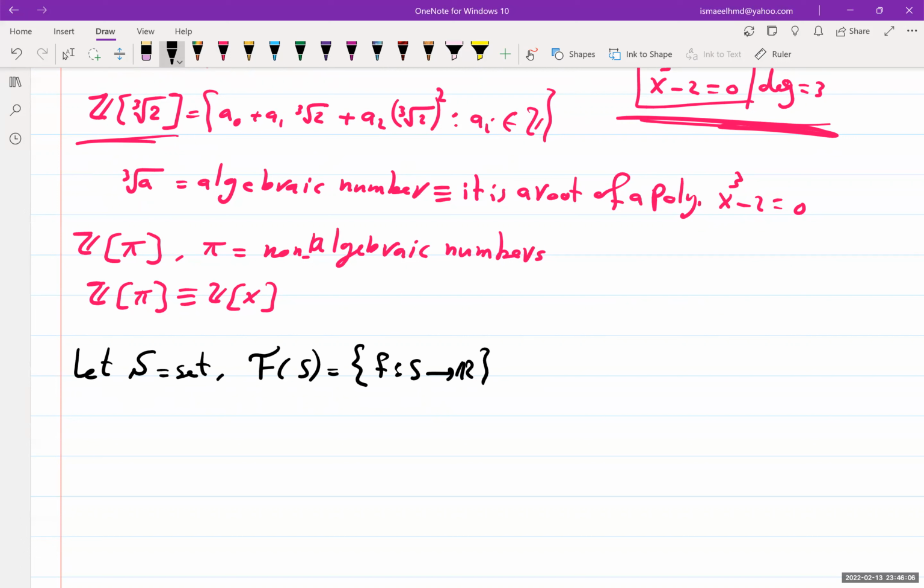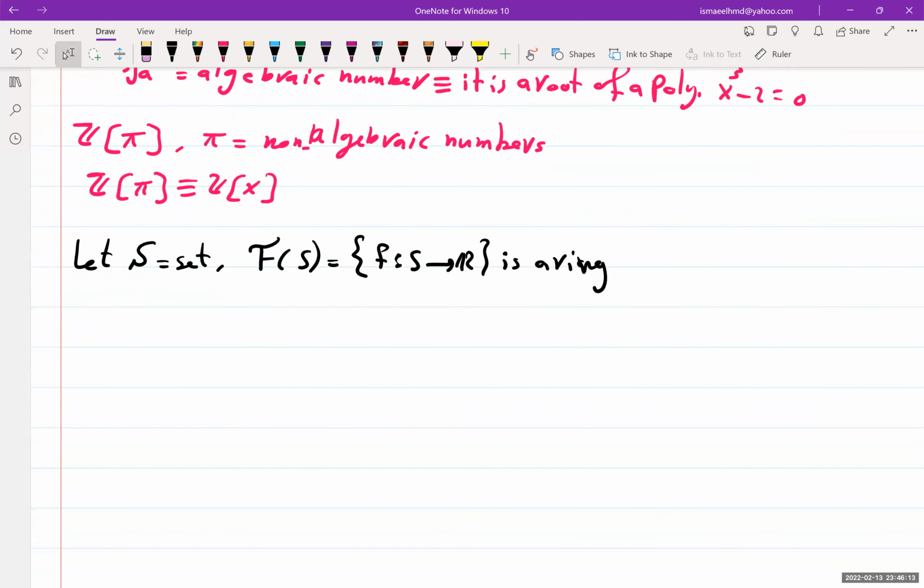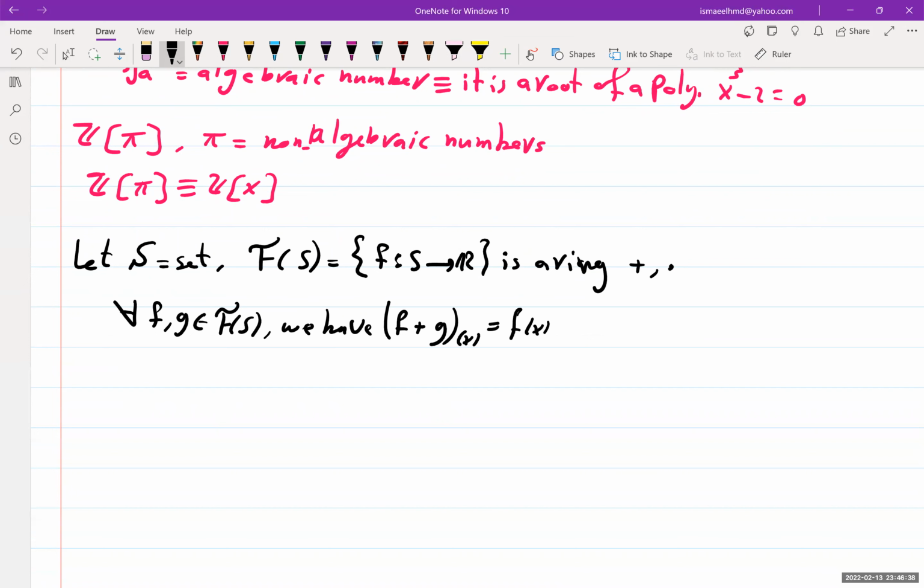This set F of S is a ring with the binary operations plus and dot defined as, for any f, g in F of S, f plus g of x equal to f of x plus g of x.